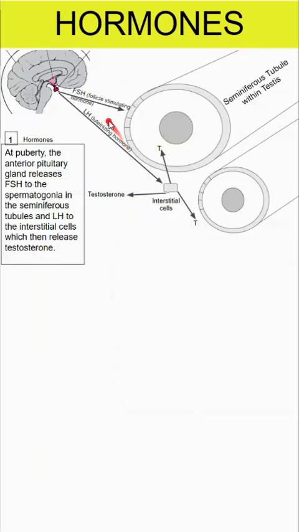So as we look at this, we start with hormones. At puberty, FSH, follicle stimulating hormone, and LH, luteinizing hormone, are released. And they have different target cells. The FSH travels through the blood down to the testicles to the seminiferous tubules. And we have these spermatogonia cells that are receiving the FSH. The LH is going to these cells in between the tissues, these interstitial cells, which then triggers the release of testosterone.